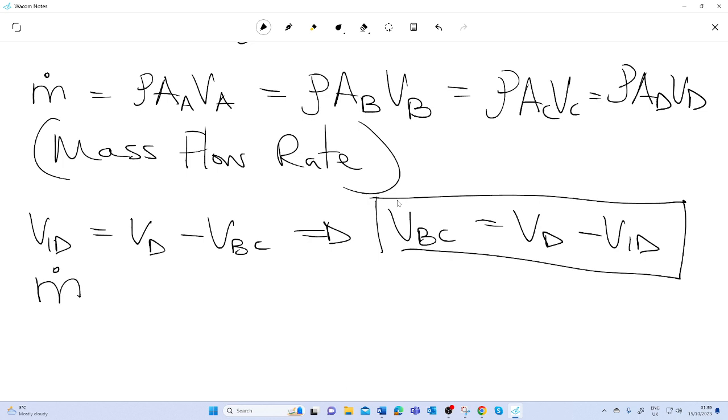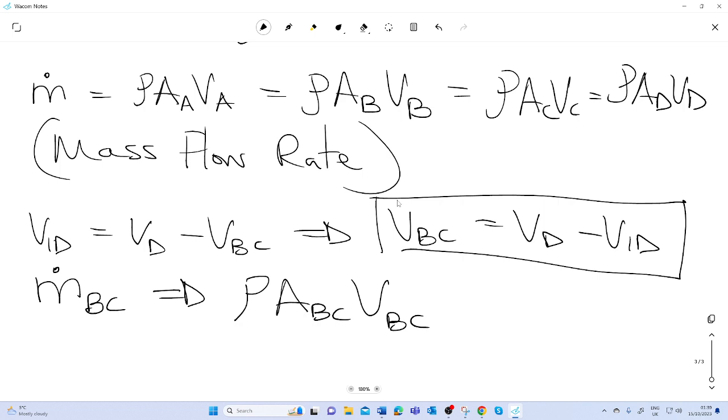Then the mass flow rate at BC equals rho ABC VBC, which is rho pi r square VBC.